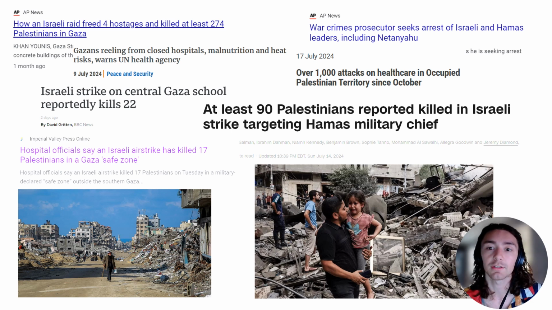Over 1,000 attacks on healthcare in occupied Palestinian territory. 90 Palestinians killed in Israeli strike targeting Hamas. Hospital officials say Israeli strike killed 17 Palestinian civilians in a safe zone. These are just some examples of how Israel is targeting civilian areas.